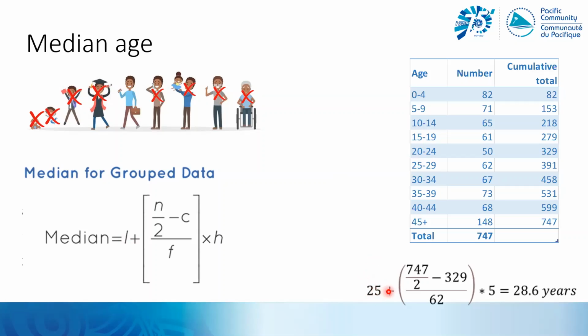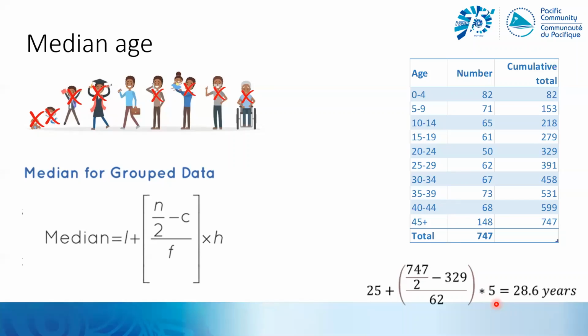So we have 25 plus n, which is our total population, 747, divided by 2 to get our middle person, and we subtract the cumulative total of the age group preceding that, which is our 329, and divide it by the frequency in our middle group, which was our 62 people aged 25 to 29, and we multiply that by the width of the age group, which is 5.